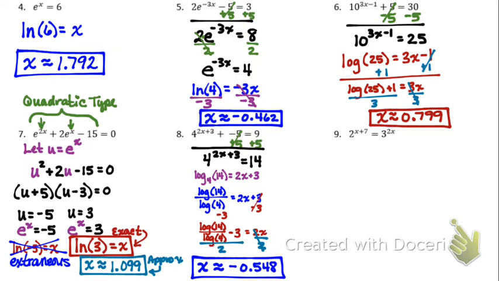Can I make these bases the same? No. 2 and 3 are both prime. Neither of them are powers of the other. So we're going to take a log of both sides. What kind of log should I potentially pick from? Like, what base log should I think about?